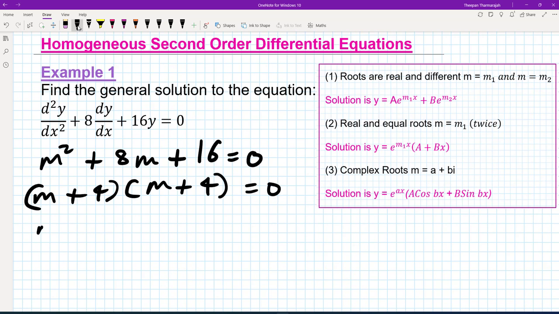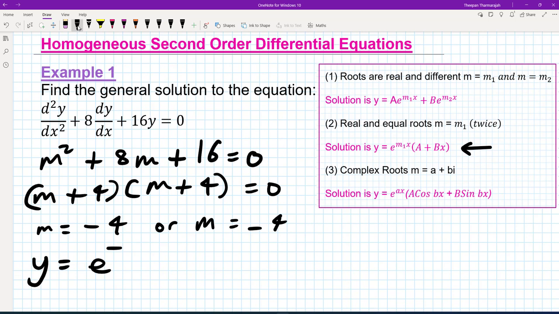But this time we get a repeated root, m equals minus 4 or m equals minus 4. When you have a situation like that, it will take this form. So y equals e to the power minus 4x times (a plus bx) is our solution.